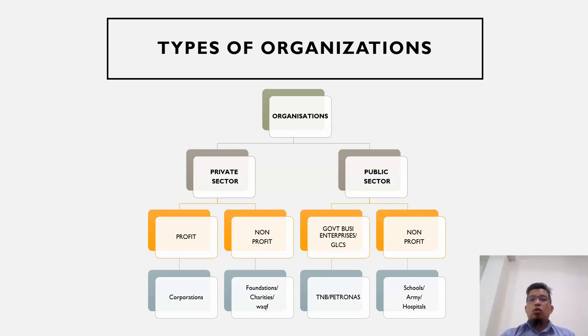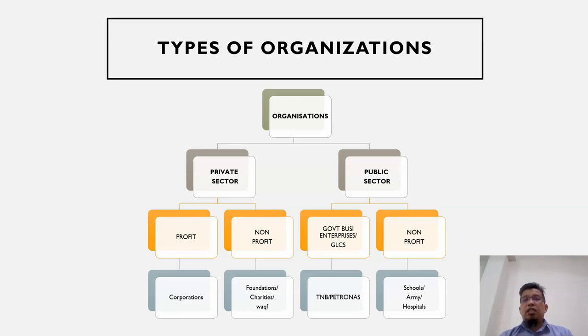Schools, army, hospitals, ministries, and agencies are examples. Because GLCs are already covered in other classes, they are very similar to private sector organizations or private companies, just that the ownership is in the hands of government.